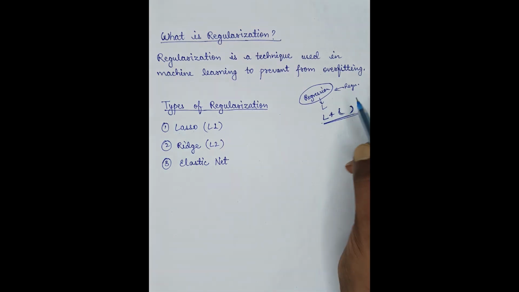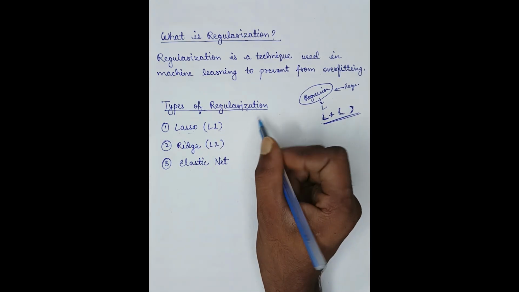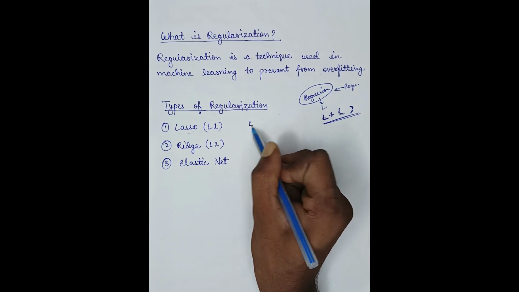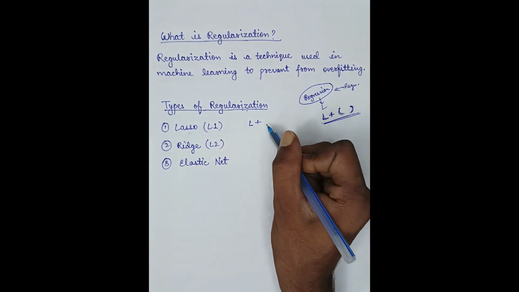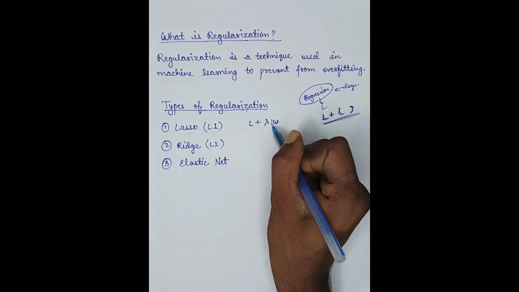Here we will see what this means. Regularization means we are adding some extra term to the loss function. In lasso, the extra term we add is lambda times the absolute value of the weight of that model.